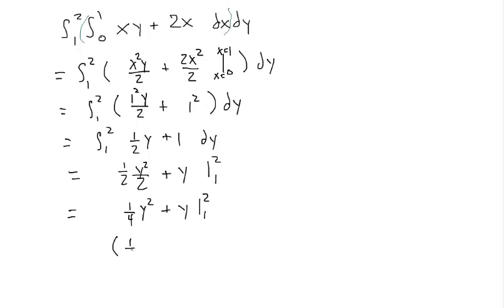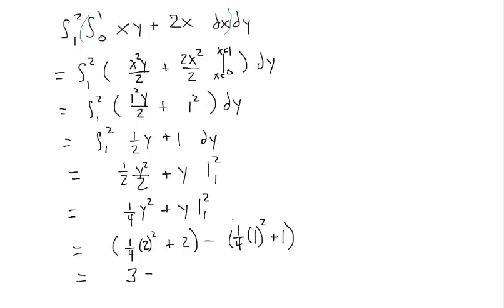So 1/4 times 2 squared plus 2, minus, 1/4 times 1 squared plus 1. On the left side, 2 squared is 4 times 1/4 is 1. So I end up with 1 plus 2, or 3, in the first set of parentheses.